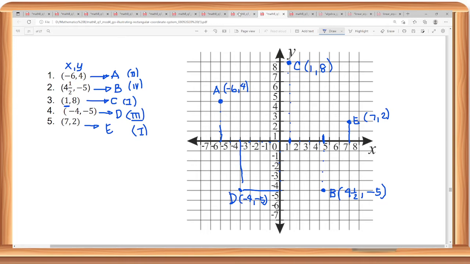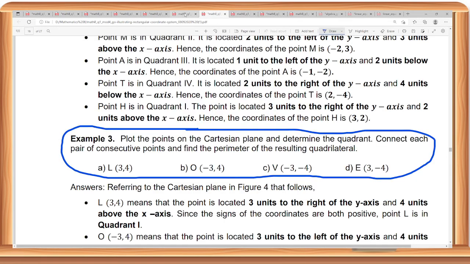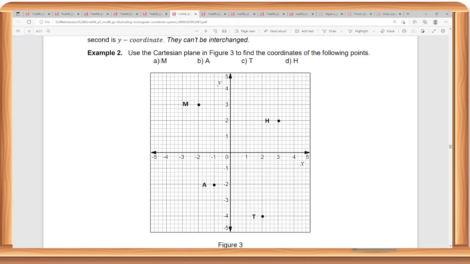Okay, so how about if you were given the point and then you have to identify the location of this point? For example, we have point M, point A, point T, and point H. Let's start with point M first. It is in the second quadrant.